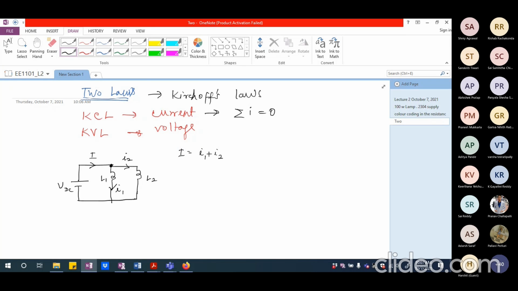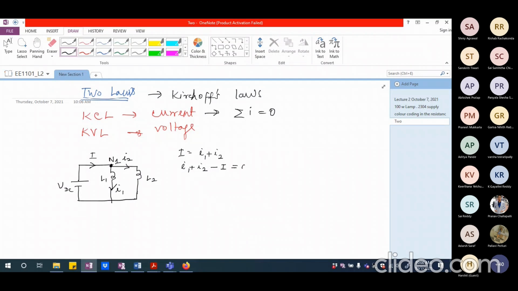That's what it means basically. If I look at this node, I may call this node N1. This is a junction point which I'm calling a node. If I add all the currents here, all of them should add up to 0. So I can write this as I1 plus I2, which are flowing out of the node, and I, which is flowing into the node, I write as minus I. Whatever is flowing into the node, I'm showing as minus. Whatever is flowing out of the node, I'm showing as plus.